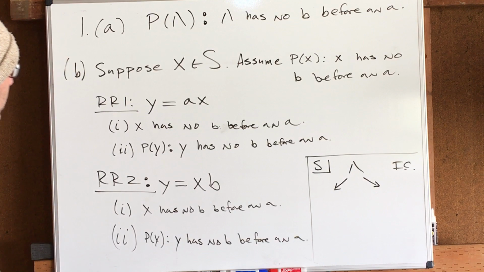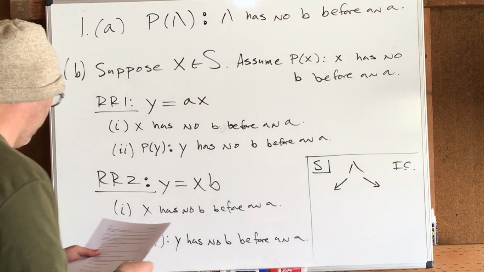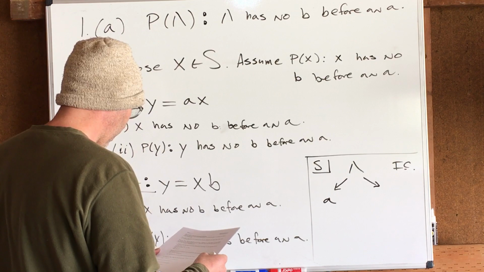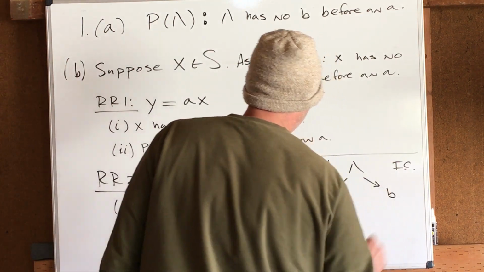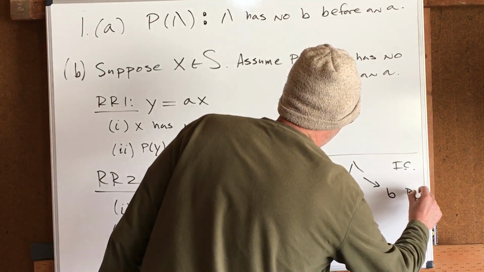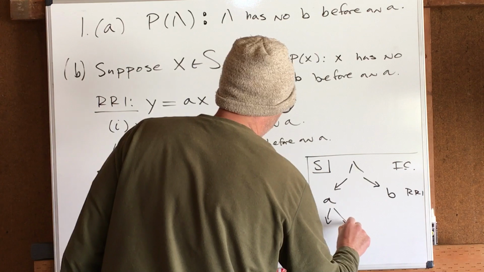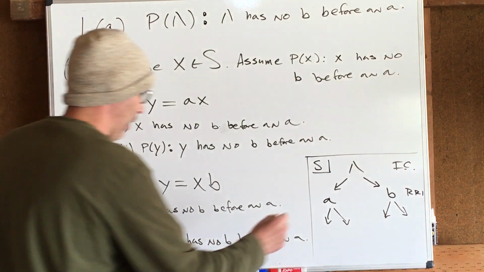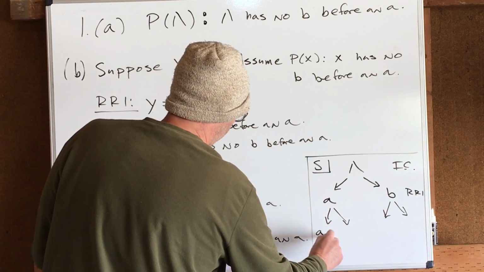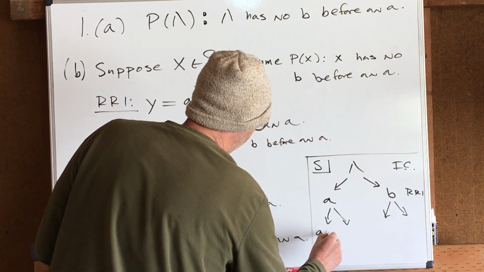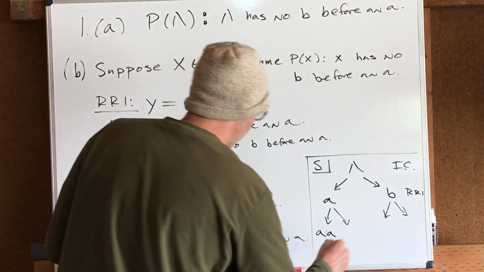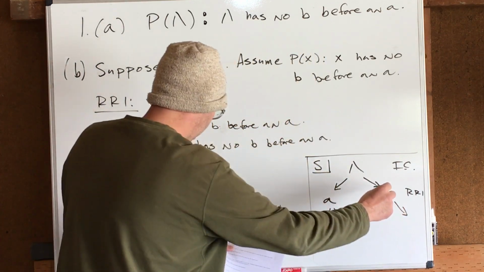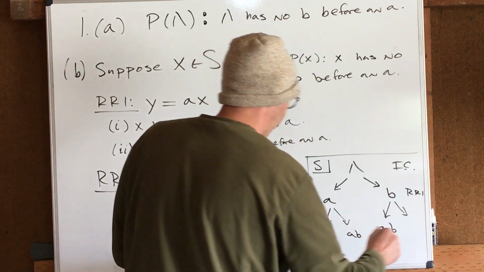Applying recursive rule 1 to lambda, we get A lambda, or just A, or we get lambda B, which is just B. Applying the recursive rule again, with these as our X, we get AA, or AB, or AB, or BB.